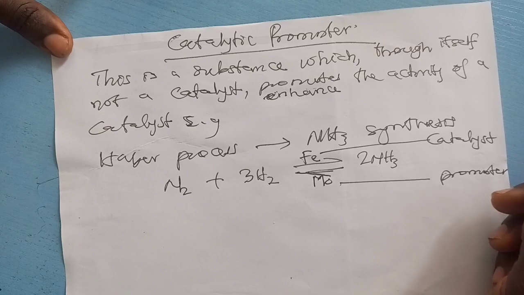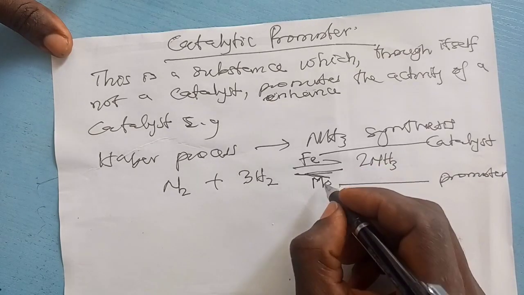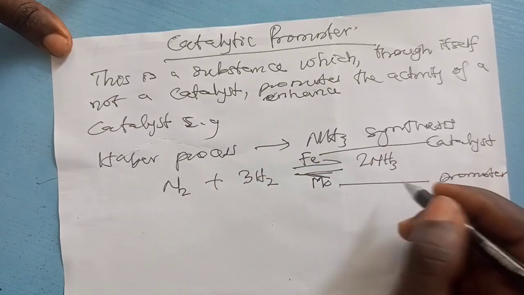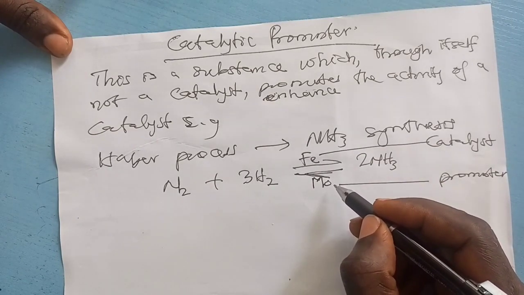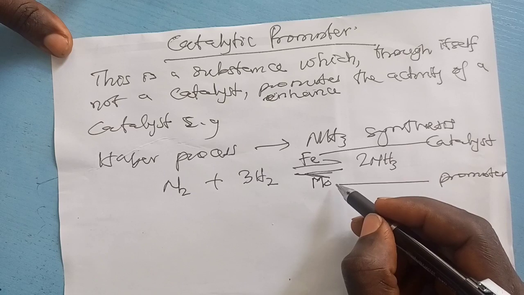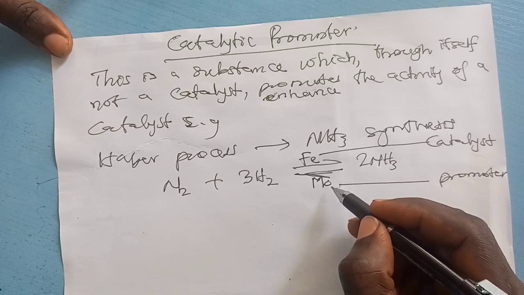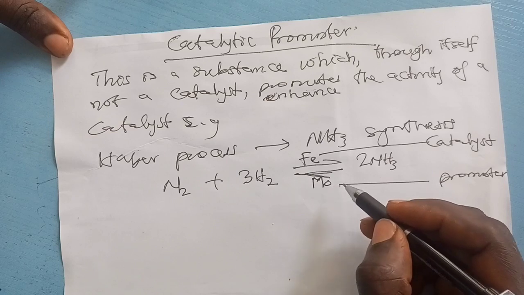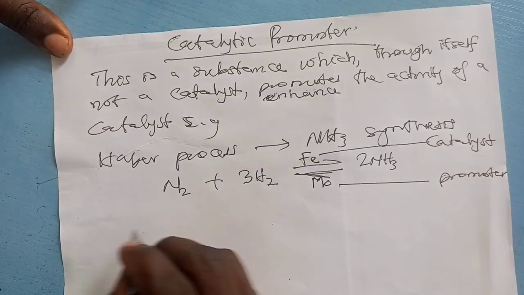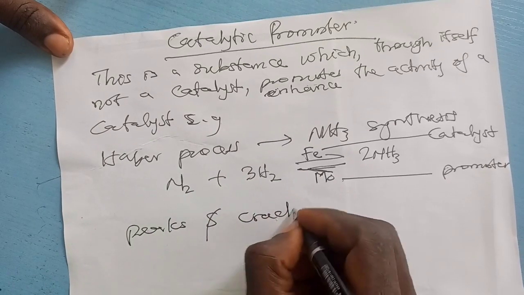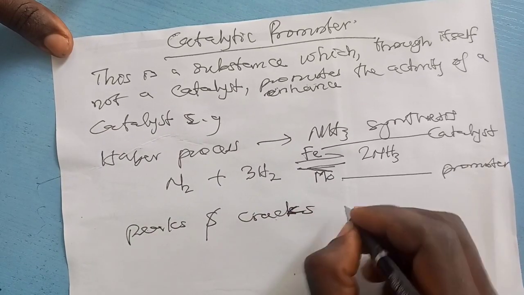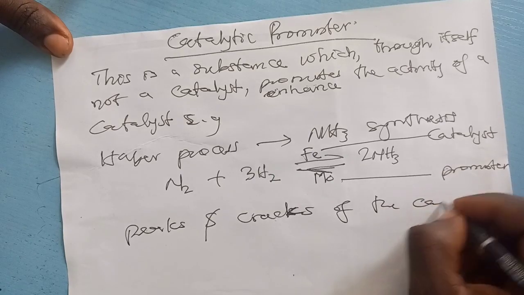Okay, so what actually happened? How do you explain the action of this promoter in this reaction? Simple. The theory behind the promotion of a catalyst is done by increasing the peaks and cracks of the catalyst. What do I mean? I mean peaks and cracks of the catalyst.